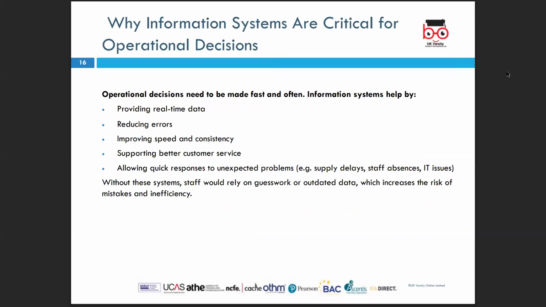So why are information systems critical for operational decisions? This is critical because operational decisions need to be made fast and often. So this information system will help them by providing real-time data, reducing errors, improving speed and consistency, supporting better customer service, and also allowing quick response to unexpected problems.